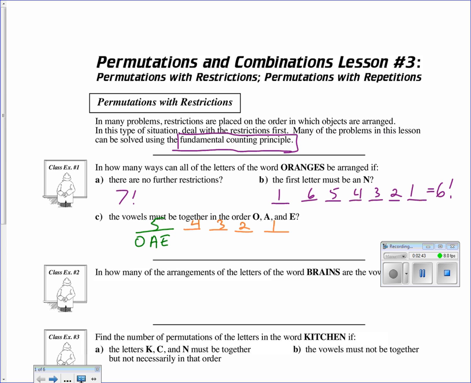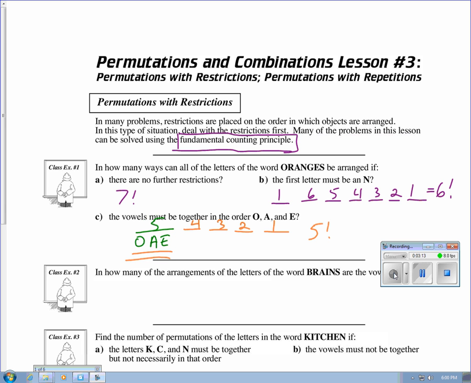But OAE doesn't have to be in a particular order. How many different ways can I arrange just these guys? So there's 5 factorial ways of arranging OAE with the other letters, but then the letters OAE can be arranged in 3 different ways. So I've got 3 factorial times 5 factorial.